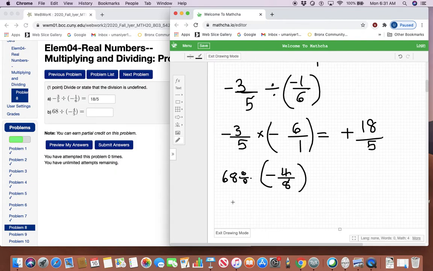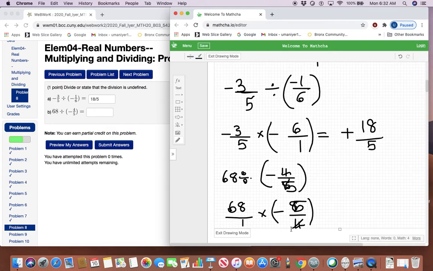Let me convert this to a fraction. 68 is nothing but 68 over 1. Division by a fraction is multiplication by the reciprocal. Oh, I'm sorry, that's a 4 over 5. So this is a 5 over 4.